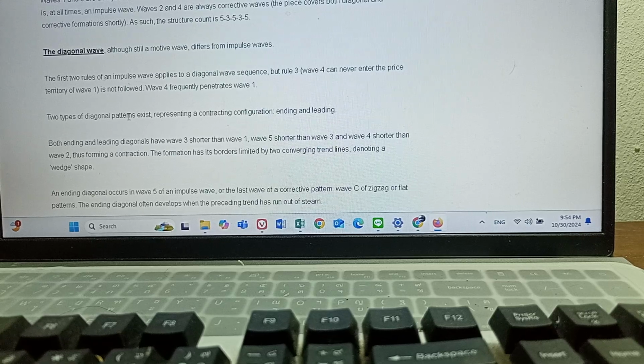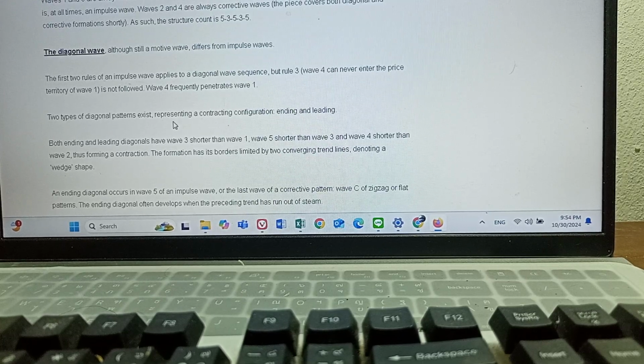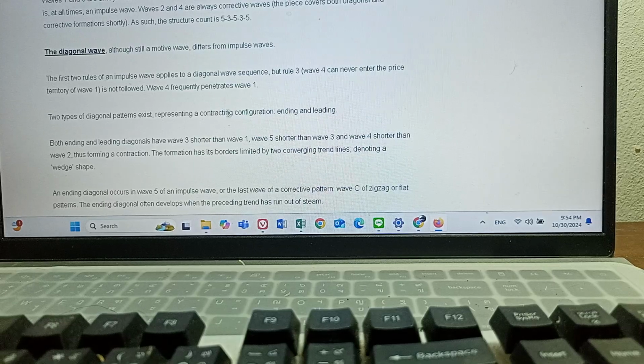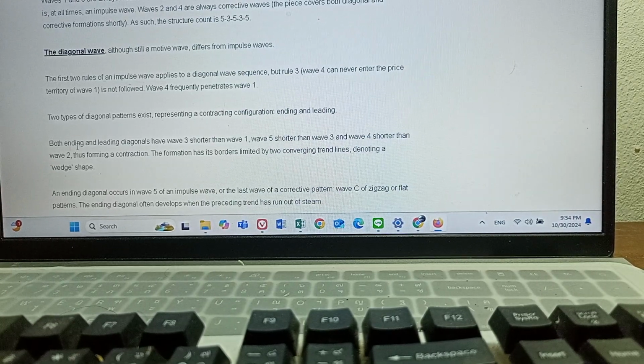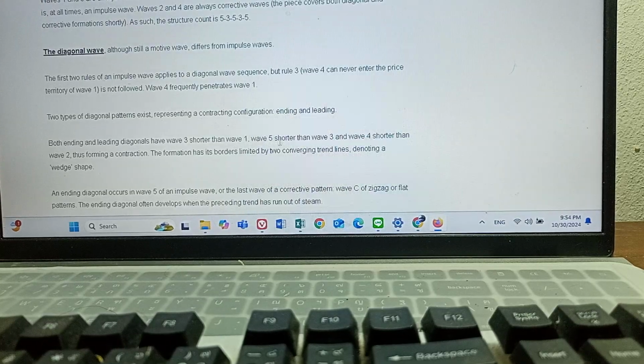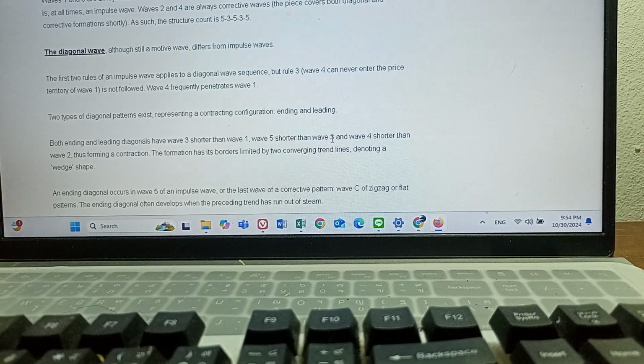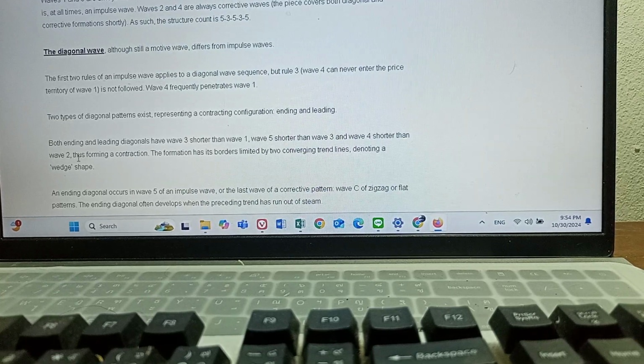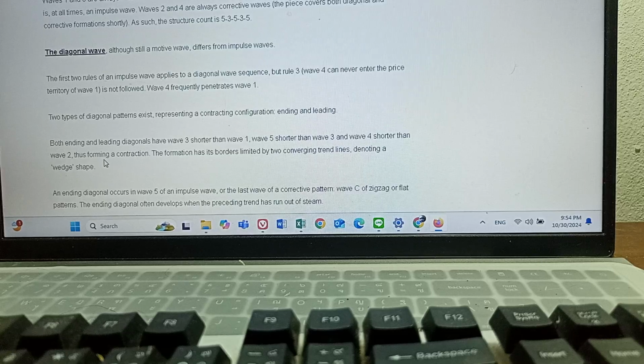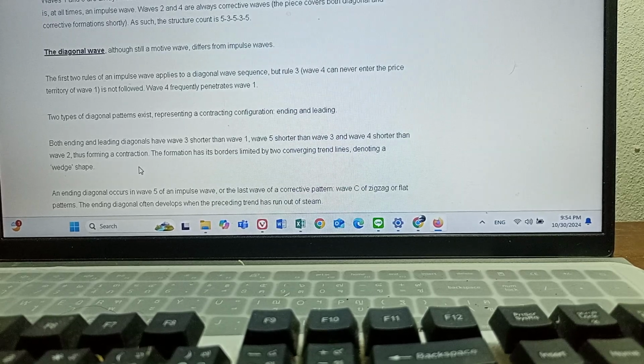Two types of diagonal patterns exist, representing a contracting configuration: ending and leading. Both ending and leading diagonals have Wave 3 shorter than Wave 1, Wave 5 shorter than Wave 3, and Wave 4 shorter than Wave 2, thus forming a contraction.